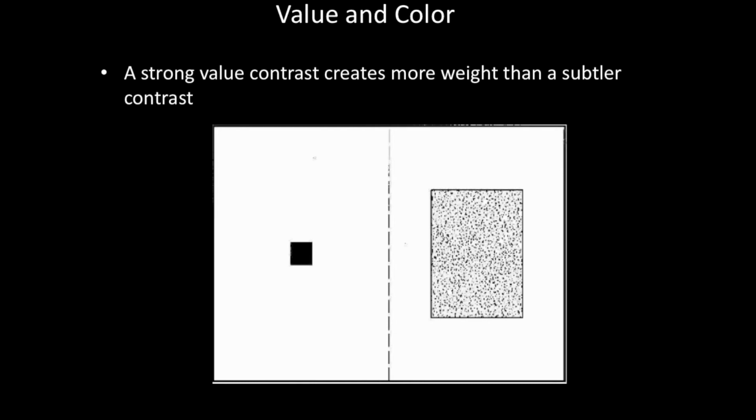So if you have a dark black in a lighter image, or a bright white in a darker image, or a bright red or a bright yellow around muted colors, that's going to create a lot of weight, and by creating a lot of weight, the other side needs something larger to balance out the small bright area.